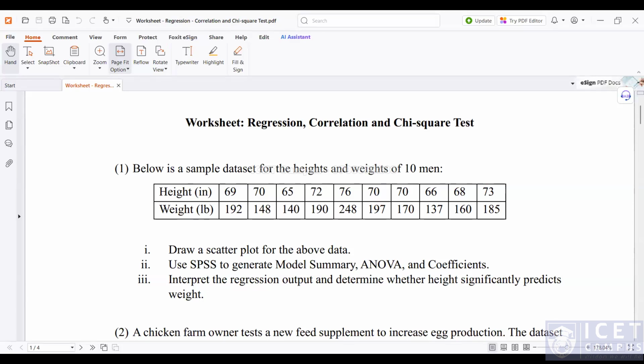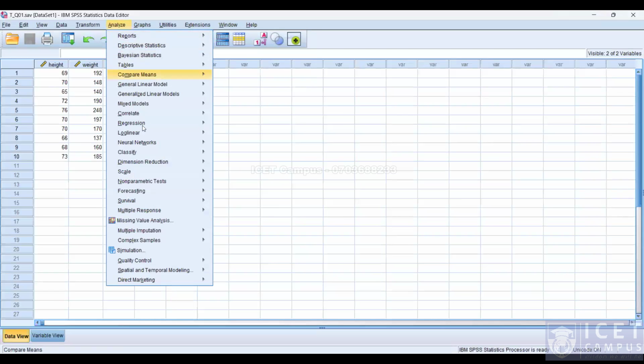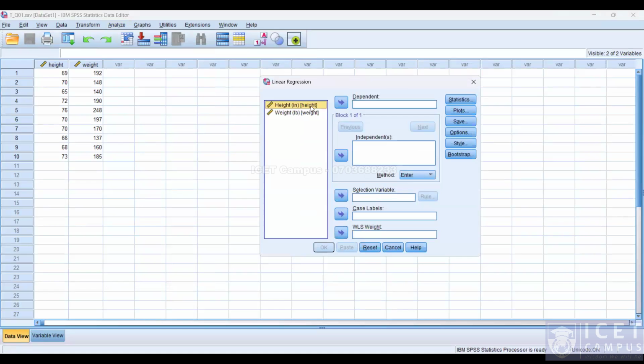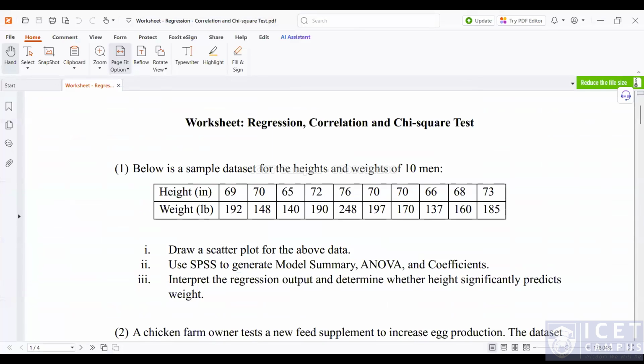Okay. So then we can go again. Analyze, Regression, Linear. Dependent variable is weight, independent variable is height, right?